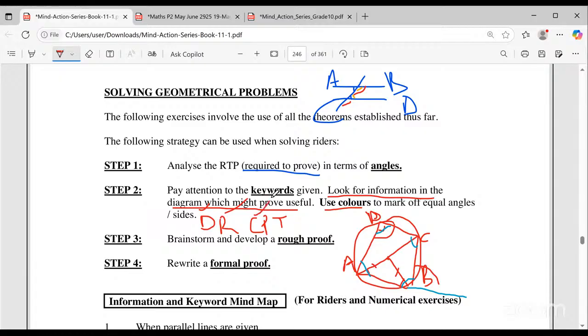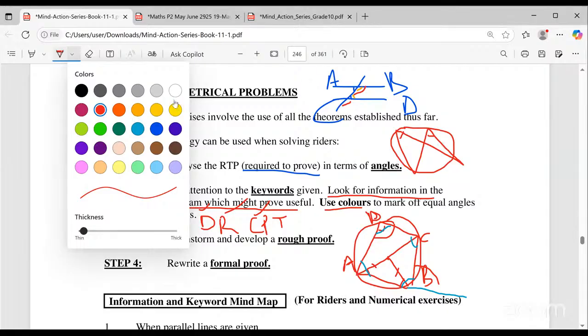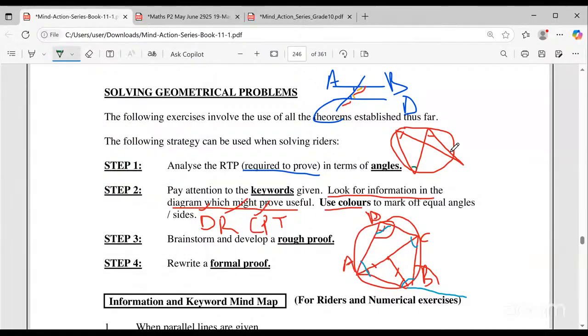When I was explaining this cyclic quad thing to someone this week, I said this bow tie shape that I mostly emphasize, whereby we know that this angle is equal to that angle, reason being angles in the same segment, or angles subtended by the same chord, or angles subtended by the same arc.